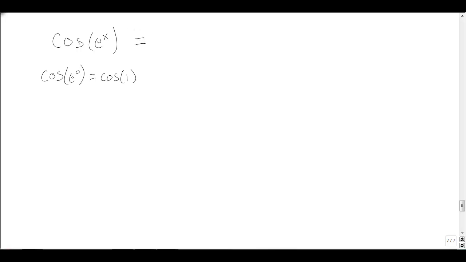So what we're going to get here, cosine, let's write it out a little differently. This is n equals 0 to infinity, negative 1 to the n. Well, sorry, it's x to the 2n typically for cosine, but we have an e to the x to the 2n over 2n factorial. Now, what we're going to do here is write this as a sum.